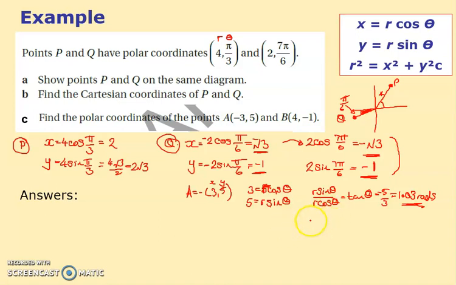And then the second thing, I've worked out theta, I now need my r, I just sub that into here. So if you like, my r is 5 divided by the sine of 1.03. And I know it's positive because it's in the right quadrant, so I'm going to do 5 divided by the sine of 1.03, and I get 5.83. And I'd quite like you to try to do that for the other point.